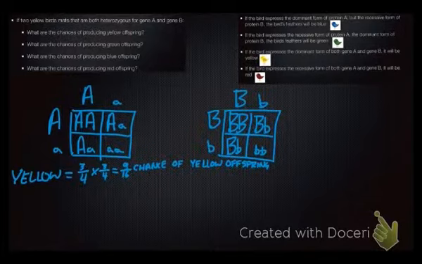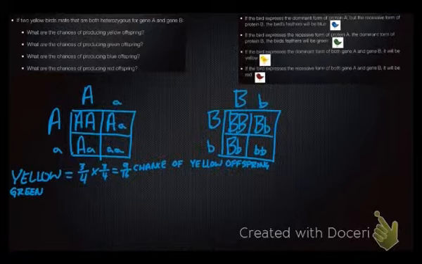Okay, how about, let's see here. The question also asks, what are the chances of producing green offspring? Well, to get green, if the bird expresses the recessive form of protein A and the dominant form of protein B, the bird's feathers will be green. All right, so let's work the green situation.